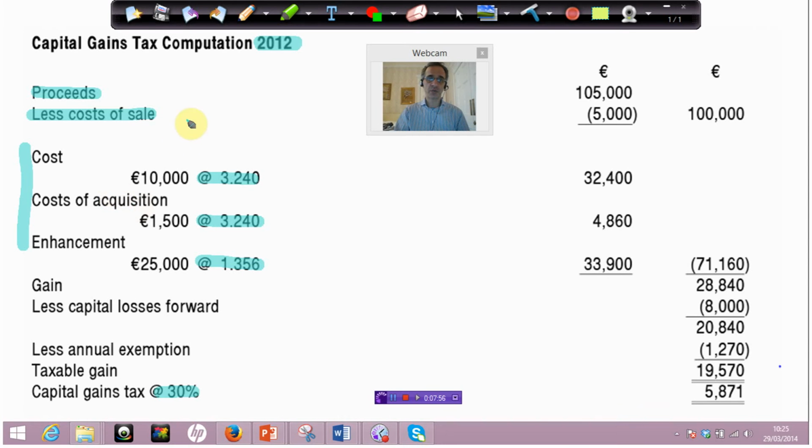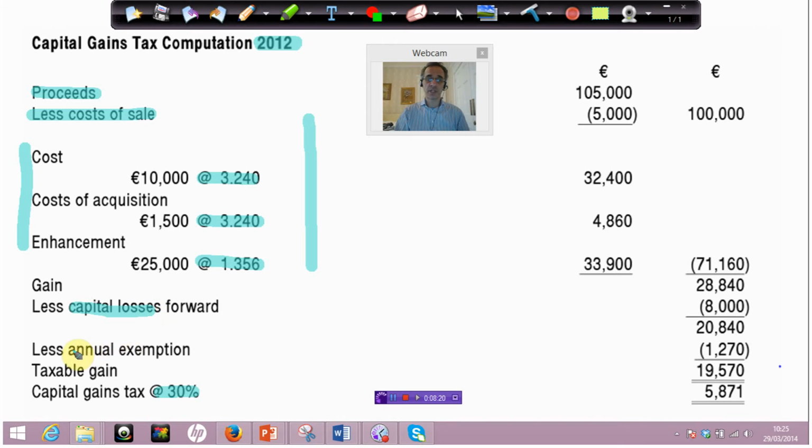So what you'll see is once we take all these costs out, we've got our capital losses brought forward, and bear in mind what I said about the distinction in the treatment between a current year loss and a brought forward loss. So current year losses are just dumped into our normal pot. Brought forward losses are from the previous year, and they're deducted first once we have our net gains.